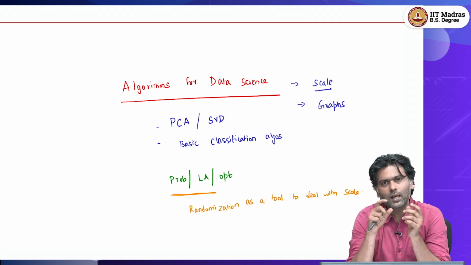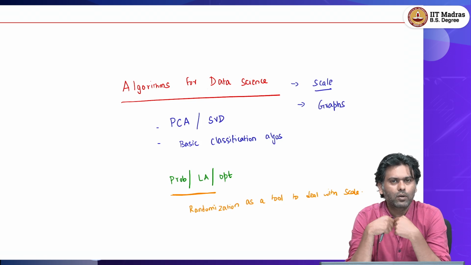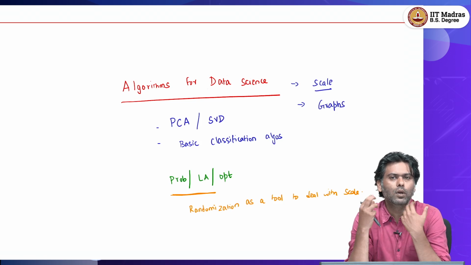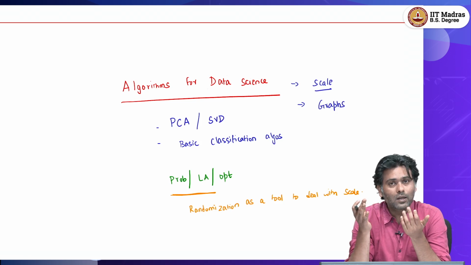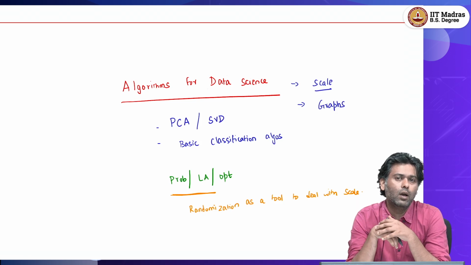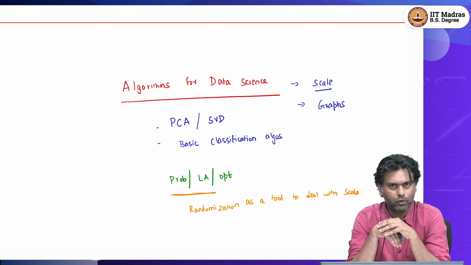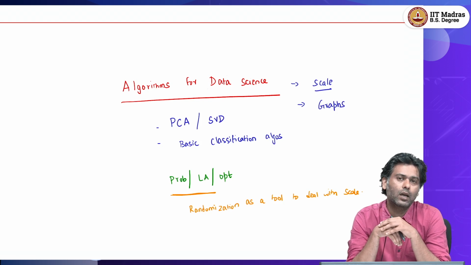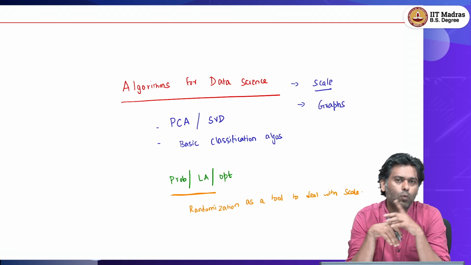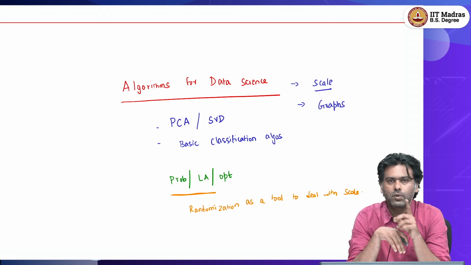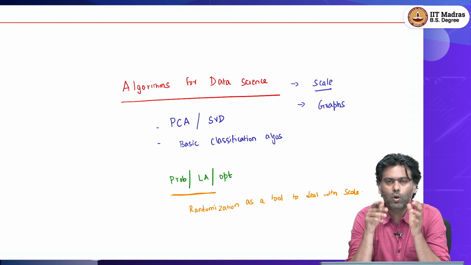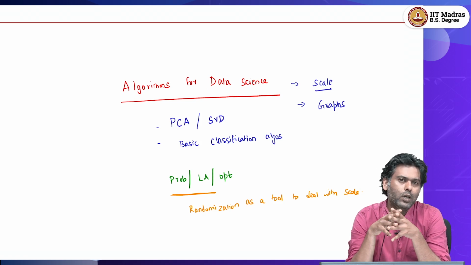And once we see that, I'll also give you some tools that keep on recurring when we are trying to understand or analyze algorithms from a probabilistic point of view. Simple tools, but they have profound impacts. We'll look at a few of them, and then finally I'll state one key result, which is where our journey into this algorithms for data science course will begin.